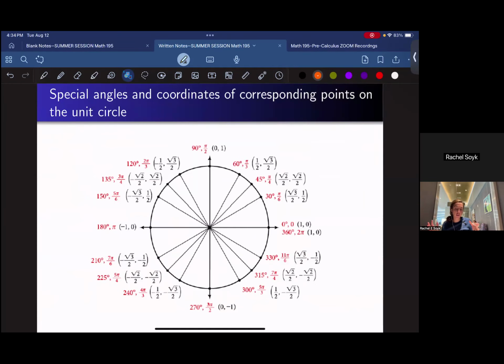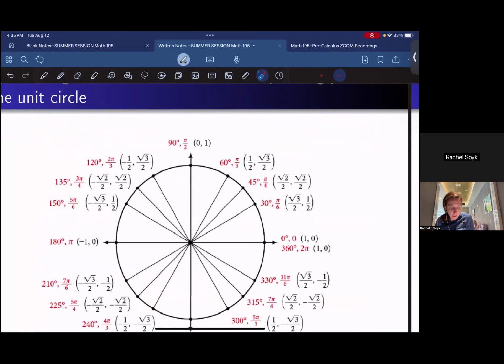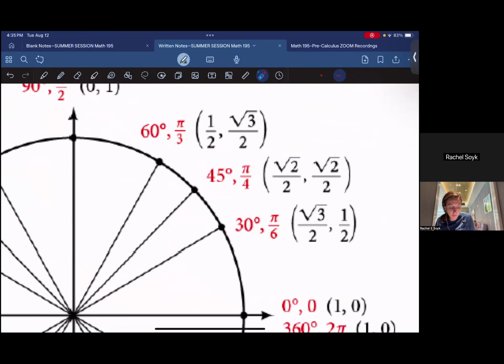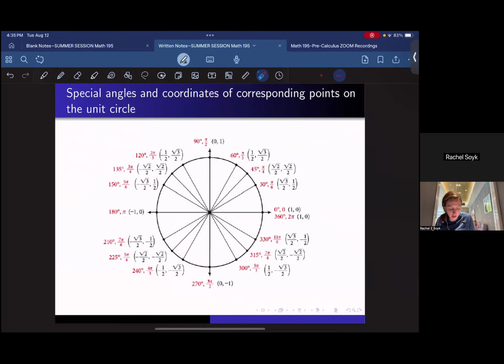This is just putting everything that we learned together, our unit circle of our trigonometric functions. It looks super complicated, but if you zoom in on that first quadrant, it's just our 30, 45, 60, 90. And if we zoom out, these are just the reflections of these points in each of the quadrants.